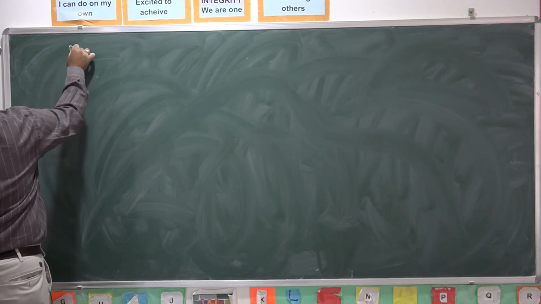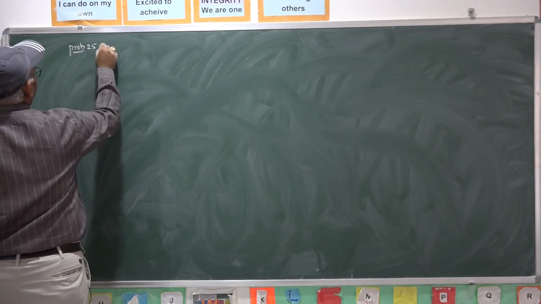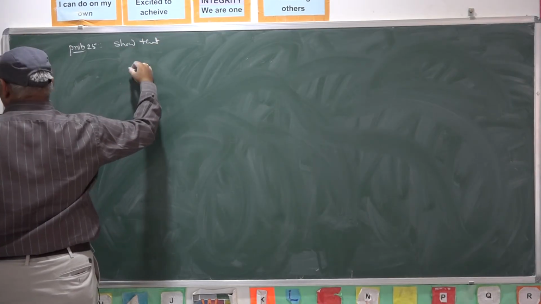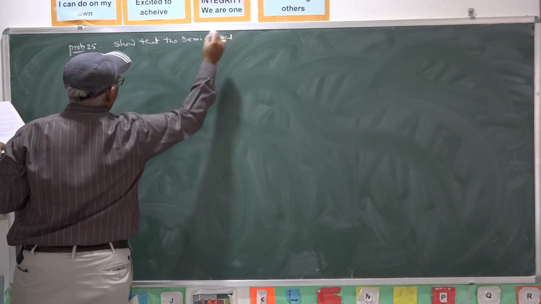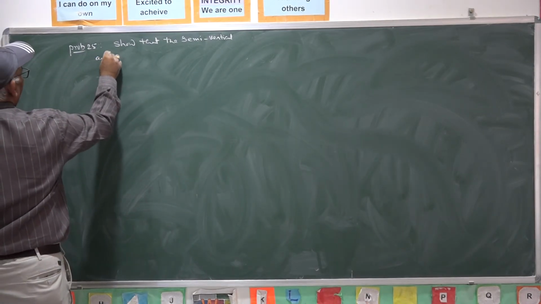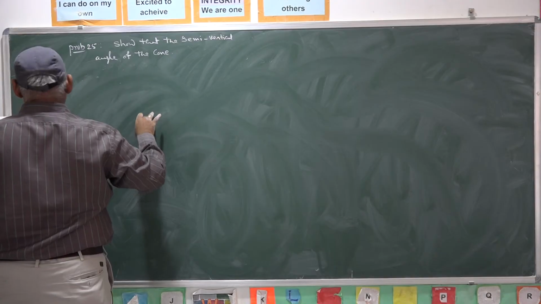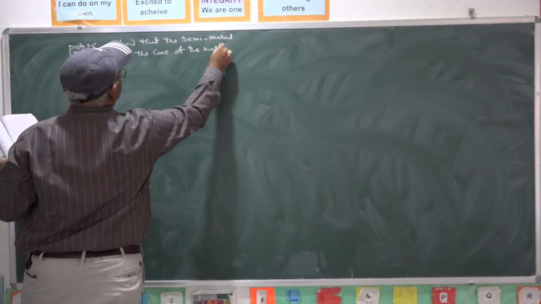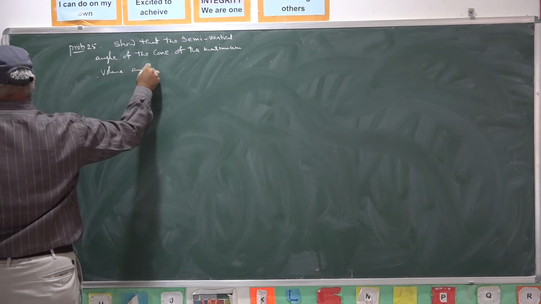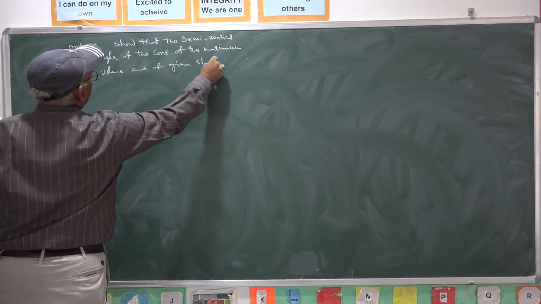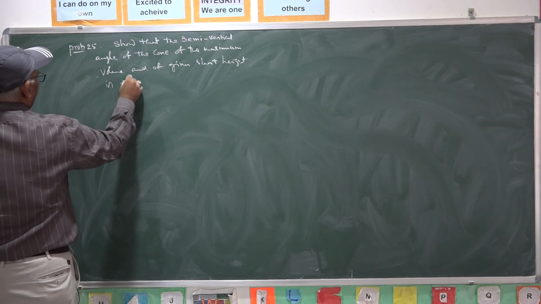The next problem, the 25th one. Show that the semi-vertical angle of the cone of maximum volume and of given slant height is tan inverse root 2.